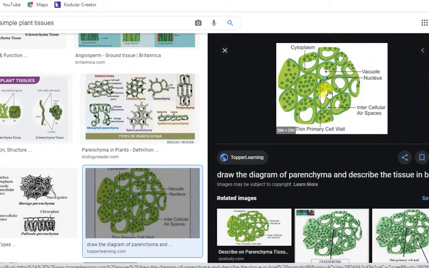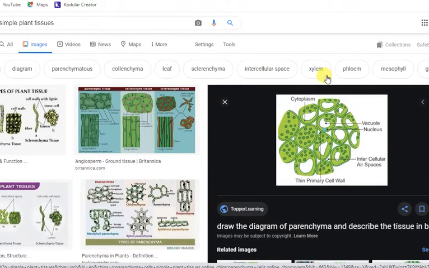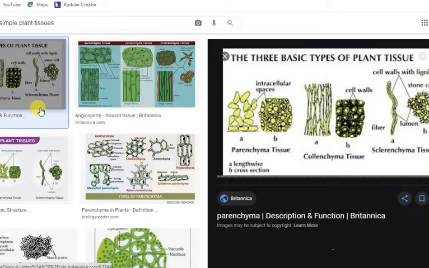This is the unique feature of the parenchyma cell. Let me show you the other categories of cell, the collenchyma and the sclerenchyma, so that you can observe the difference between them.